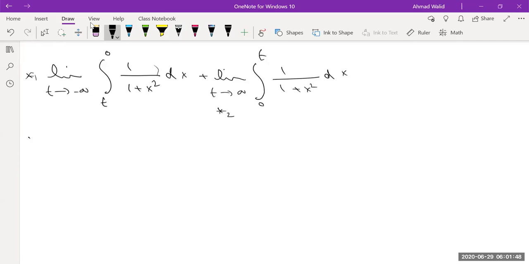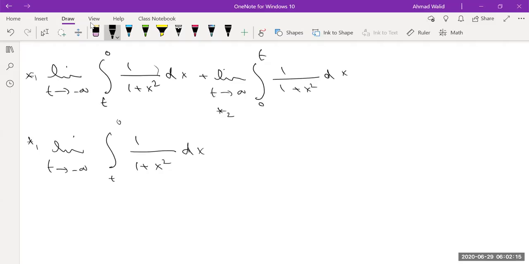Let's start with star 1. I have limit t approaching negative infinity, integral from t to 0, 1 over 1 plus x squared dx. How to deal with this integral? What is the integral of 1 over 1 plus x squared? If you remember, this one is a trigonometric integral, correct?